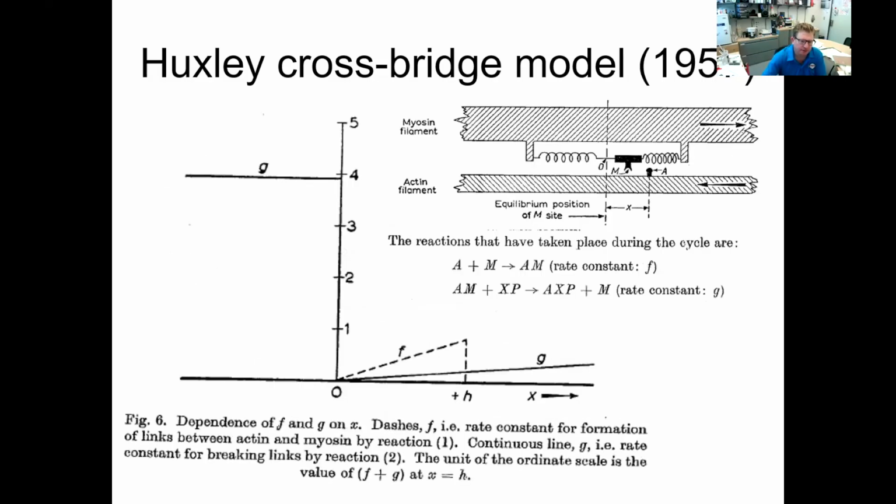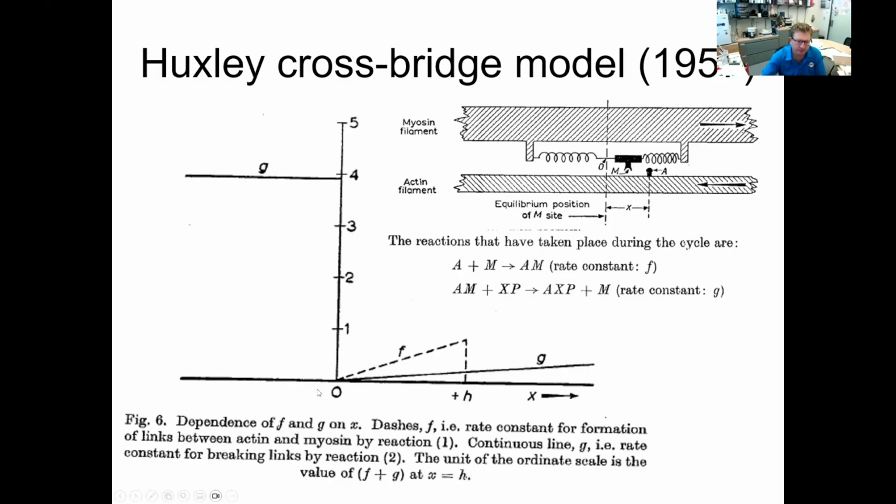And so they described how those interactions might be with these rates of binding that are called F, and that would be like how A and M interact to go from an unbound state to a bound state. And then that detachment event would be what they call the rate constant G, and that's for detachment.